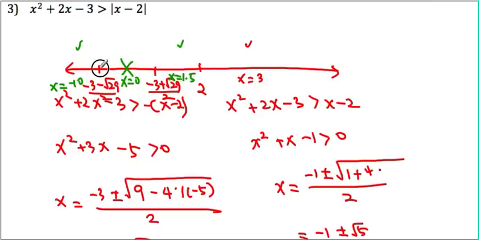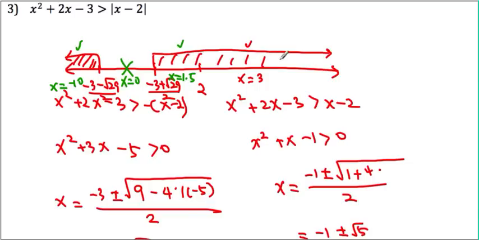Then, what is our answer? So basically, we have to go to the left, and also we have to go to the right, all the way up. Now, to the left, if you plug in this value, left and right, let us see what we end up getting.